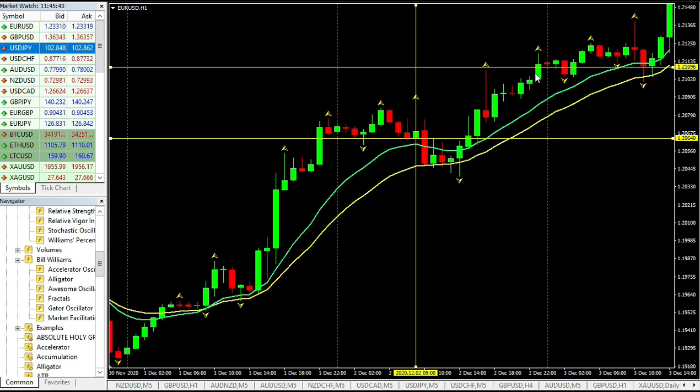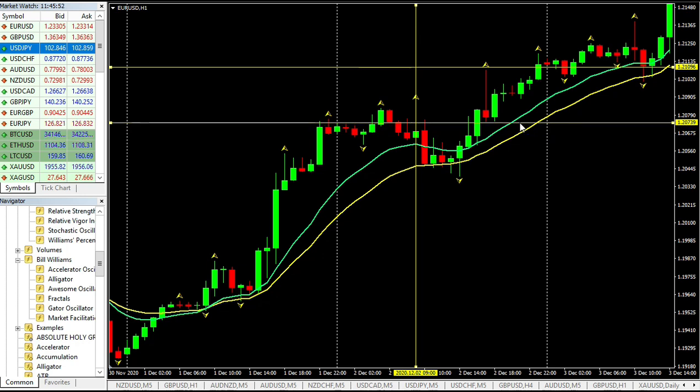Okay, which will get filled in by this candle, and you'll place the stop loss below the low of this candle. So you're risking about 36 pips, 35 pips, which you will get filled in here on this candle.